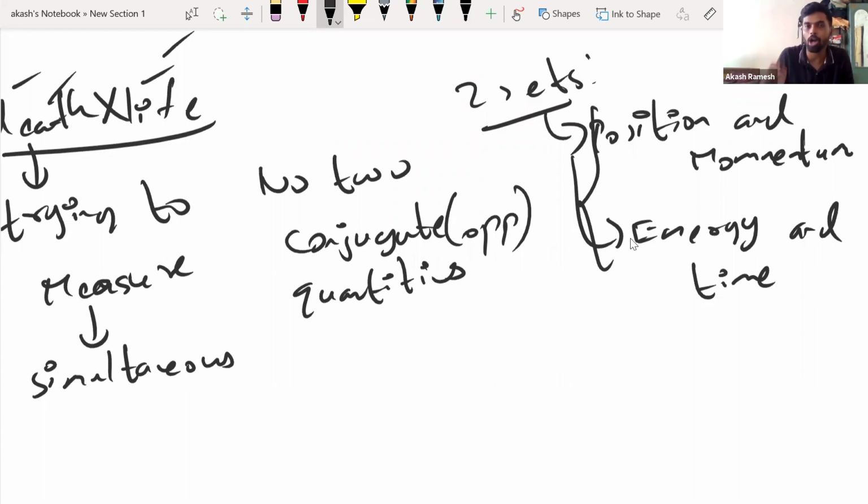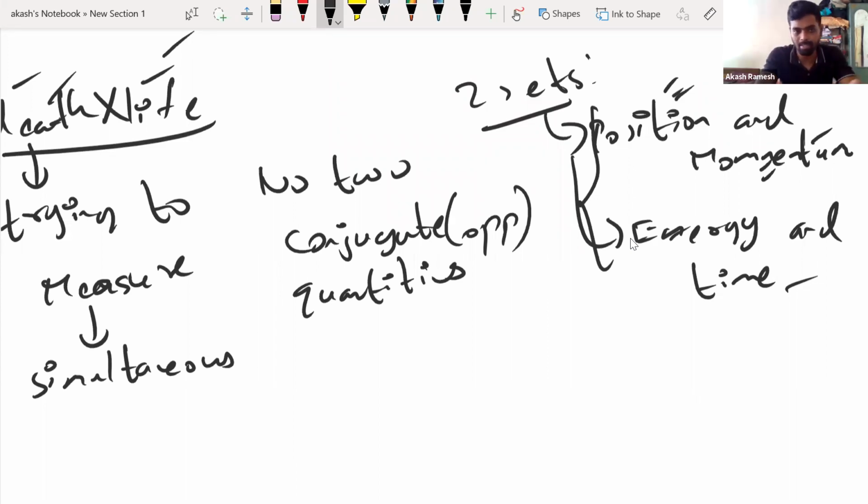For now, all you have to accept is that position and momentum are conjugate quantities, and energy and time are conjugate quantities. So if you try to measure position and momentum of a species simultaneously, you will not be able to do it with 100% accuracy. There will always be some error.